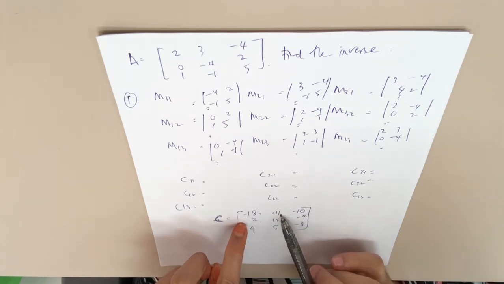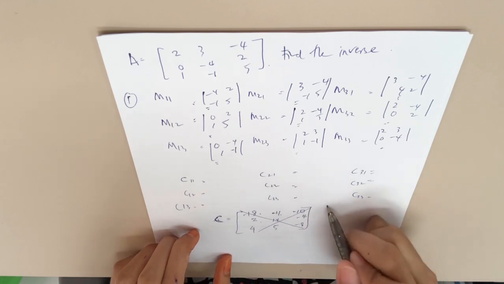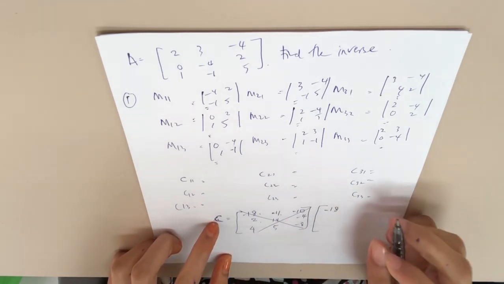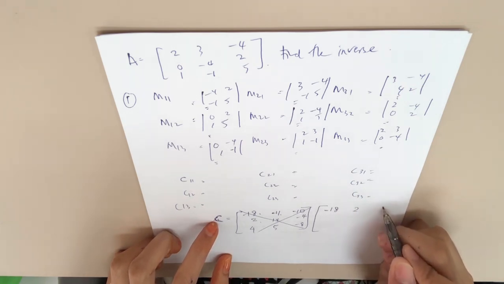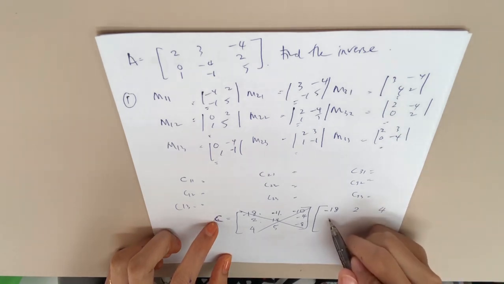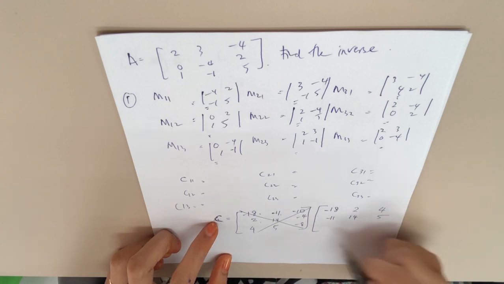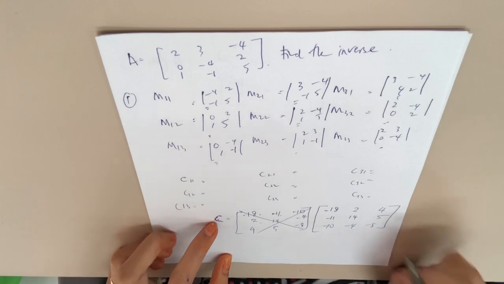Sorry, C12 is here. So I got it reversed. This is already transposed. Okay, sorry. C should get -18, C12 you should get 2, this one is 4. Then here is -11, 14 and 5, -10, -4 and -8. Sorry, my bad, I had already transposed it.